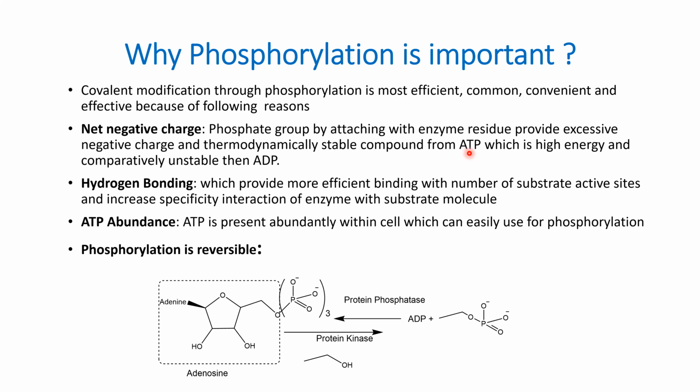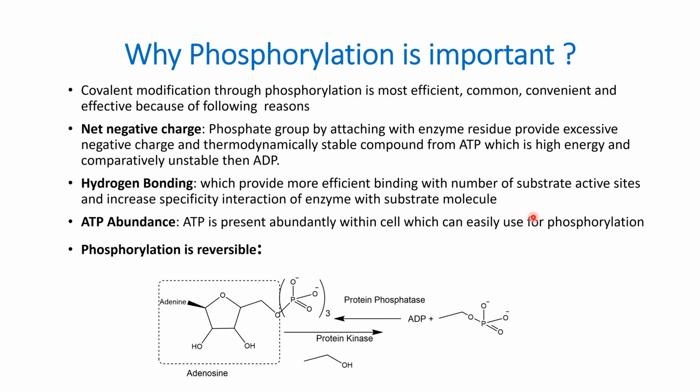From ATP, which is high energy and comparatively unstable than the ADP. So when it forms ADP, a phosphate group gets attached to some residue, and this gives the negative charge, which makes it more feasible and efficient for establishing hydrogen bonding with a number of substrate active sites and increases the specificity of interaction of the enzyme with the substrate molecule.